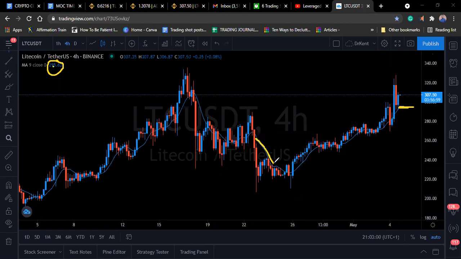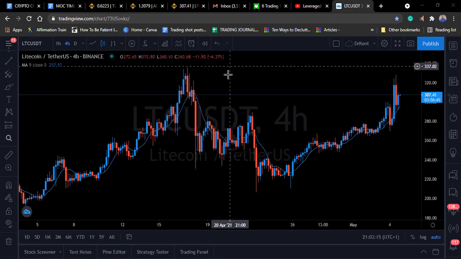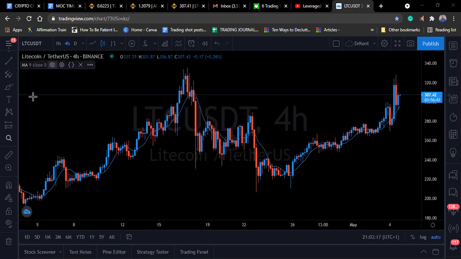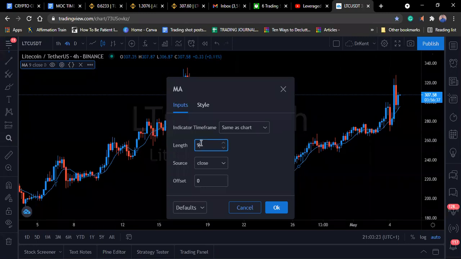Now let's go to the one that I use in my strategy. So to get to that one, you come here. After adding the moving average, after searching for it and adding it, you come to it, then edit it. I use 50, simple.